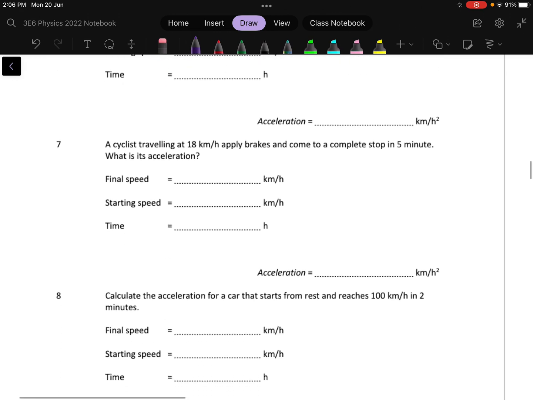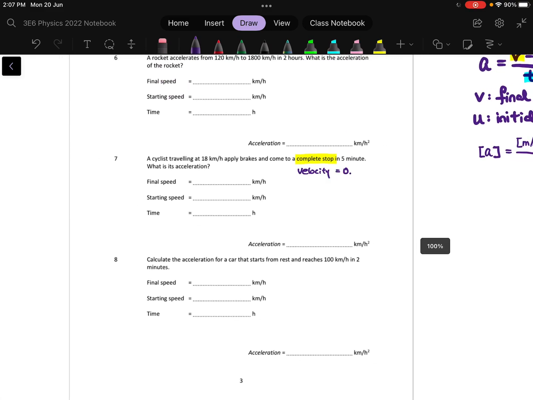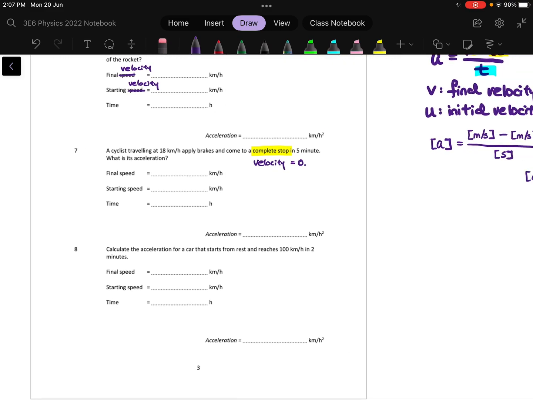Then there are some things that you may want to take note of. Complete stop, what does it mean by complete stop? Well, complete stop simply means that your velocity is going to be 0. Must your answer be positive? Well, acceleration is a vector quantity, so you can expect some of this to be a negative value.